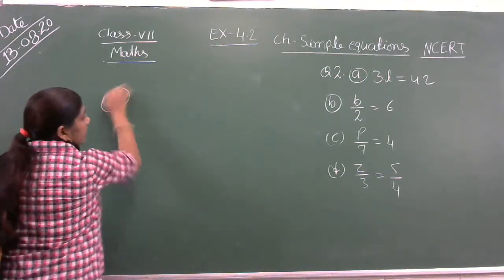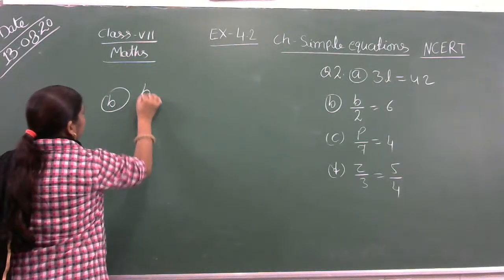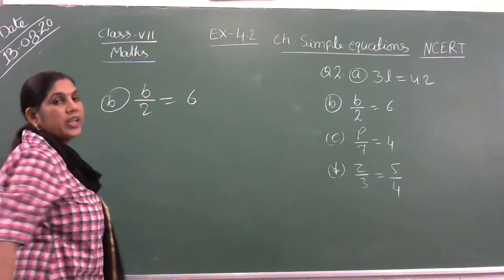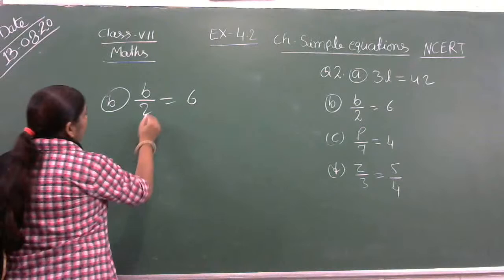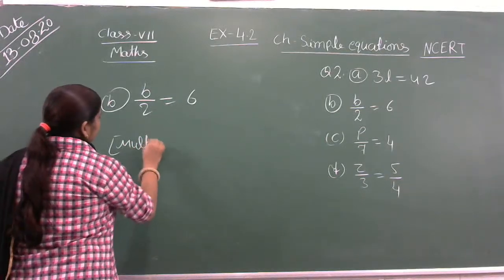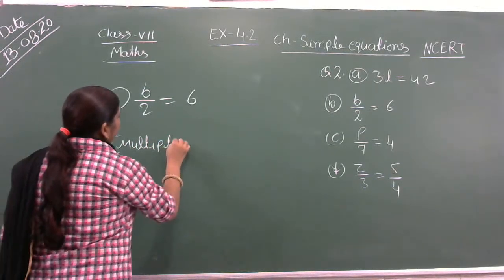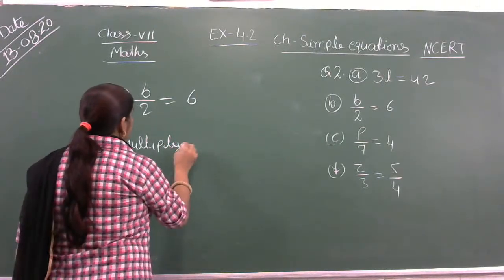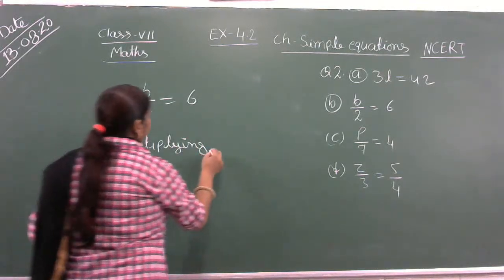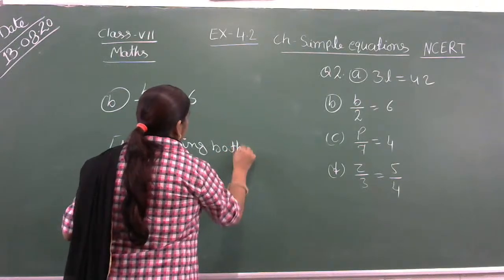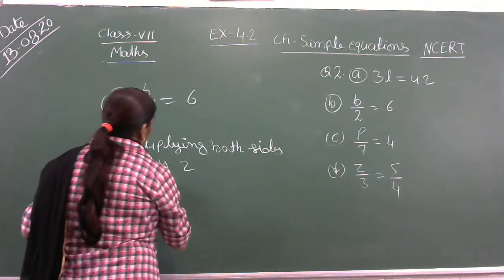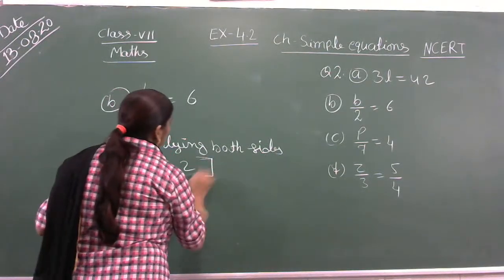Now moving on to part B. Given here, b upon 2 equals 6. So here given is division. So what will we do? Multiplying both sides by 2.